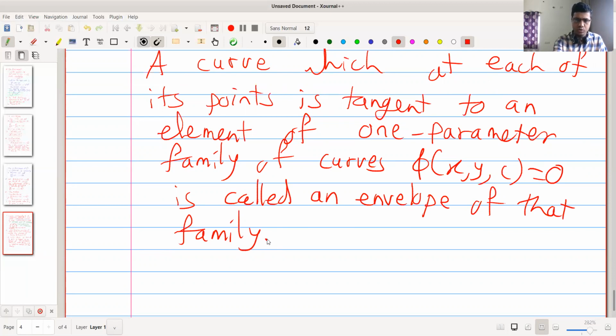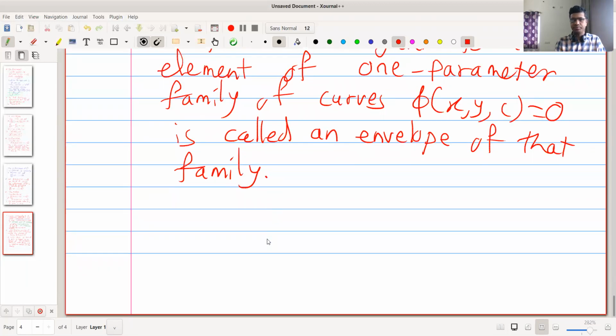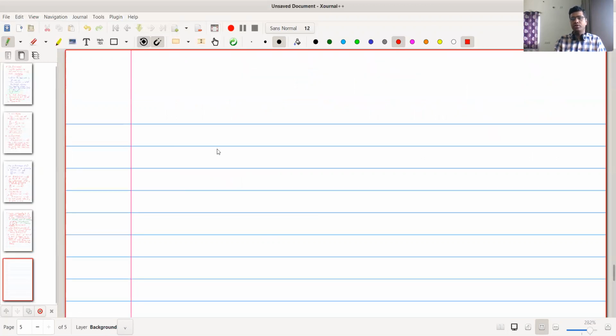Now we discuss how to obtain these envelopes. There are two ways. One way is to find the p discriminant and the other is to find the c discriminant. So the p discriminant and c discriminant provide the envelope.